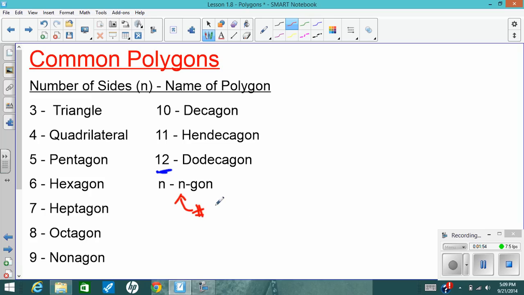And that's not a hashtag, people, that means number. So if we have a 36-sided polygon, we can call it a 36-gon. It might have a specific name, I'm not sure of it, but we can call it a 36-gon. So pause the video and make sure that you have the names of all these polygons written down somewhere.